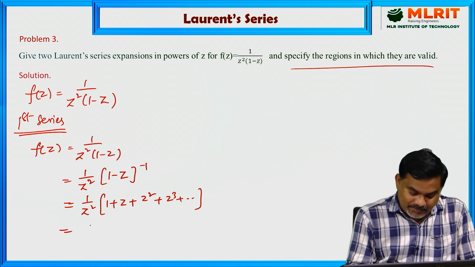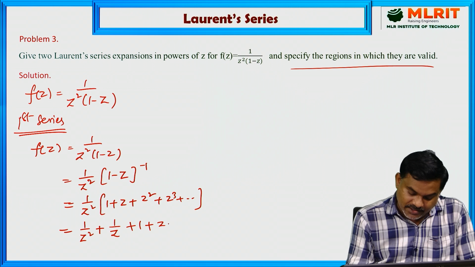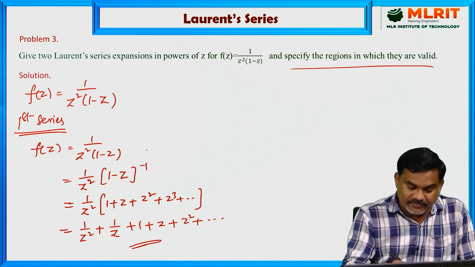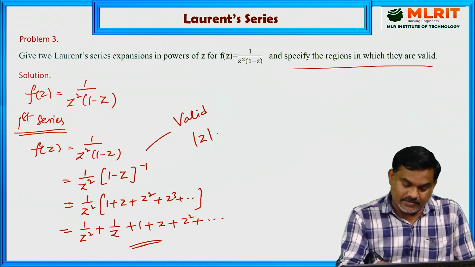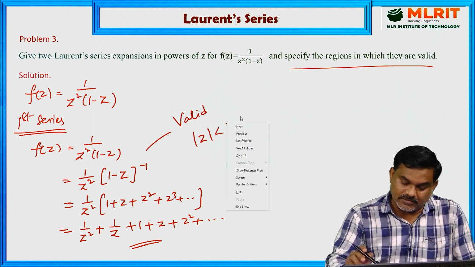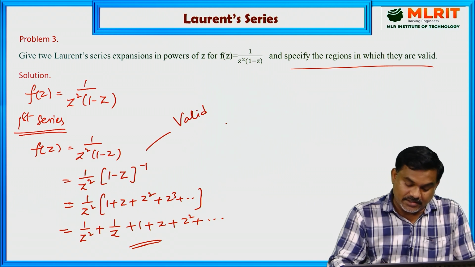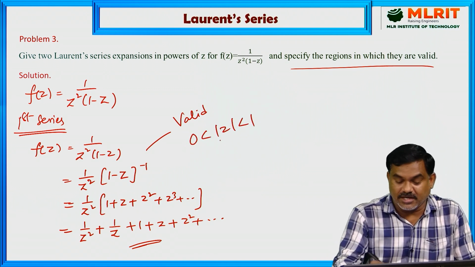So, by multiplying with this, 1 by z square plus 1 by z plus 1 plus z square and so on. And this is valid for mod z less than 1. Since it is having powers of z, it is valid for 0 less than mod z less than 1.